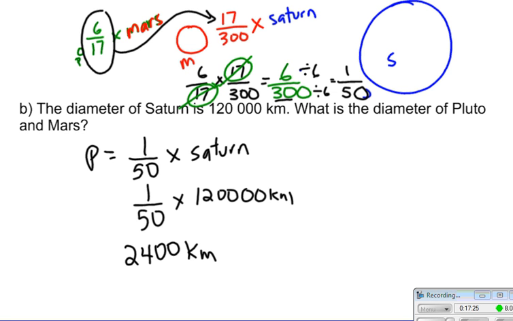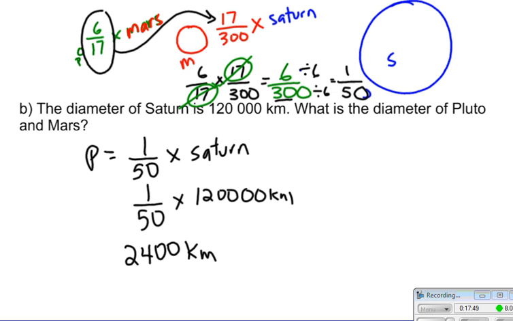Okay. For Mars, we have two ways that we could do this. We could go backwards, so we could take the diameter of Saturn to find our solution, or we could take the diameter of Pluto to find our solution. In this case, I'm going to use the diameter of Saturn.